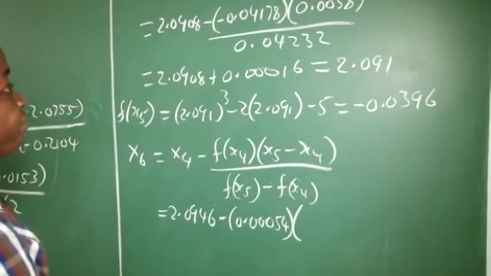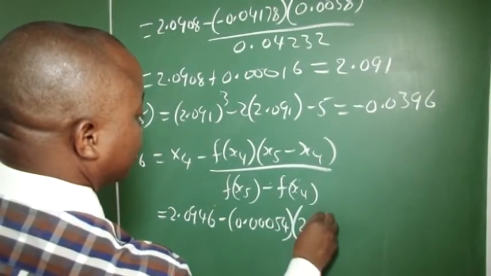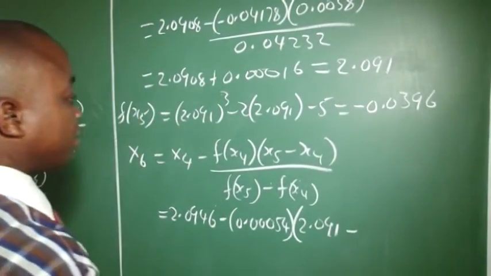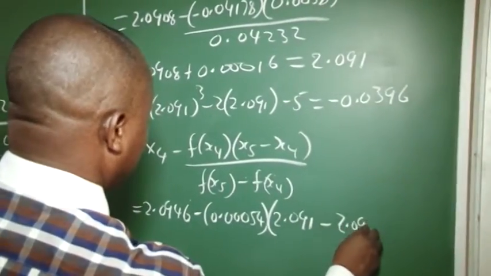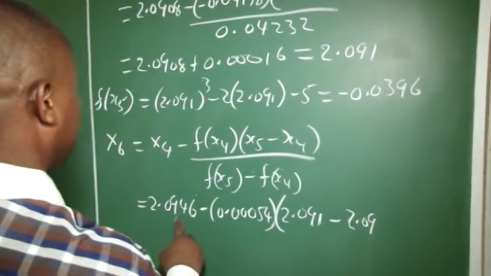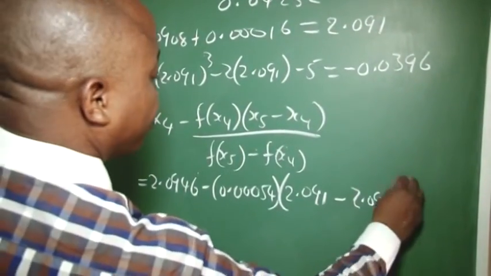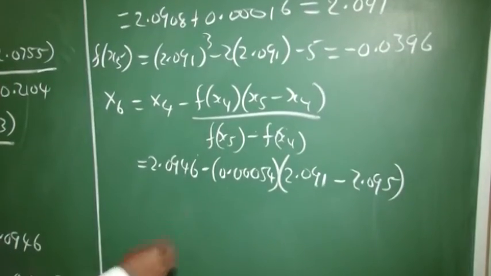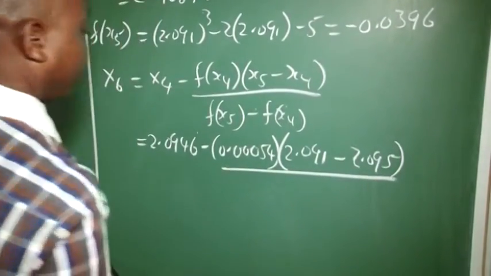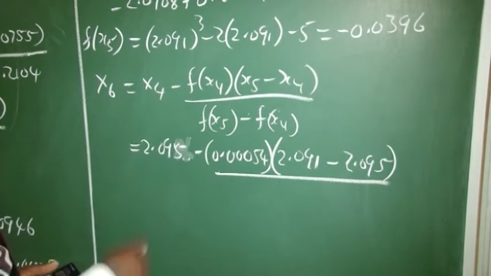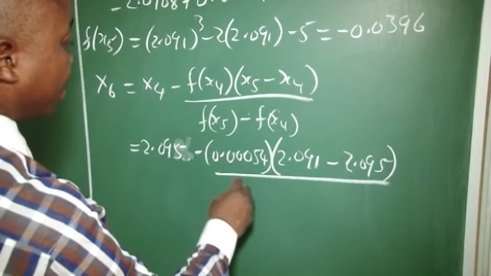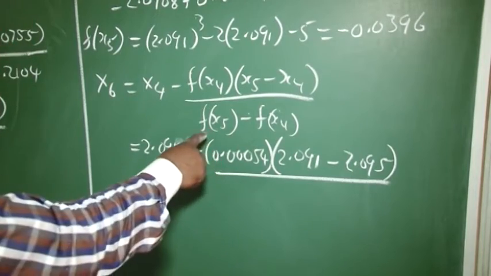Then x5 is 2.091, and x4 is 2.0909. If you like, you can call it 2.095 to 3 decimal places, over f of x5.